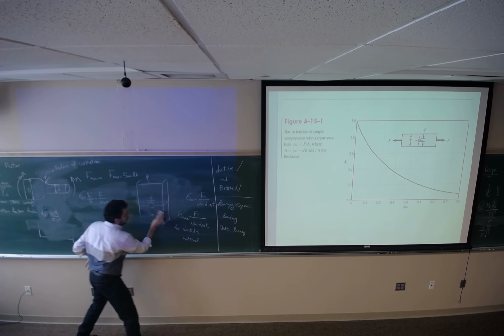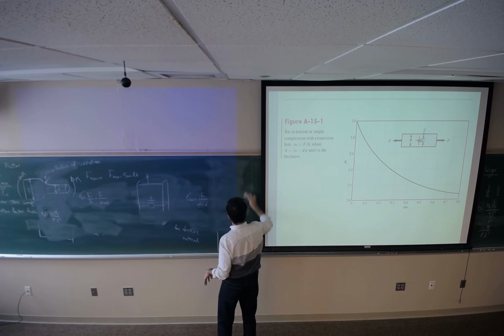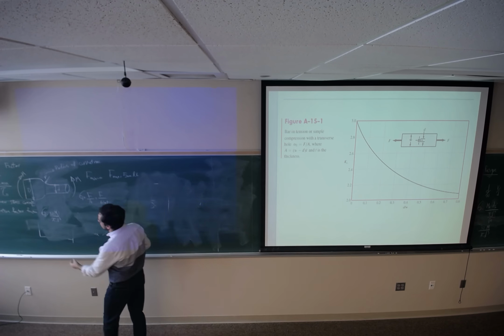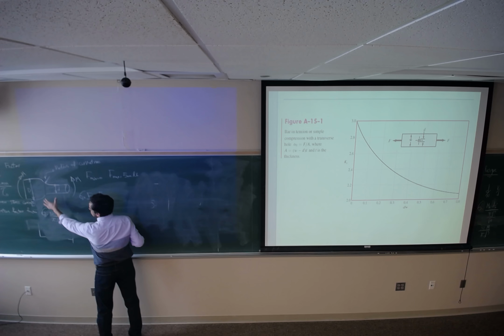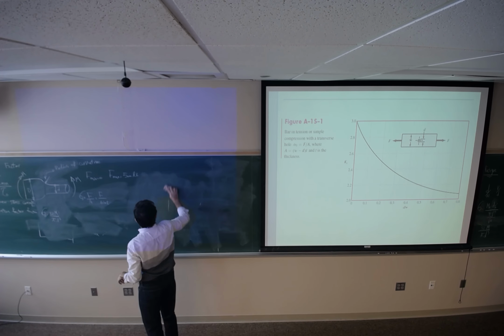So now let's look at curved beam versus straight beam. We covered the straight beam. So we know that if a circular cross section is under bending moment, the normal stress is going to look like this.